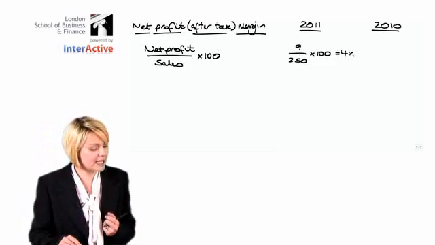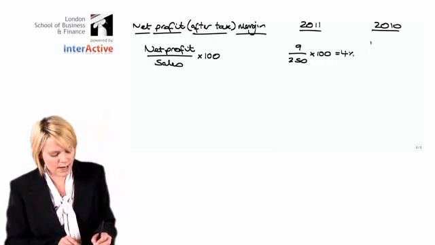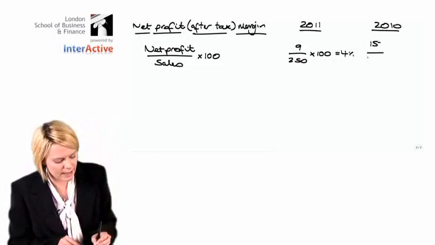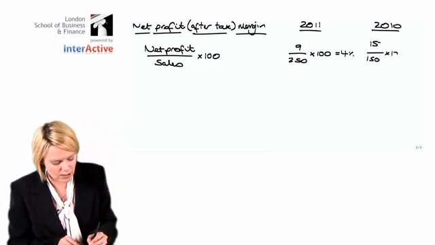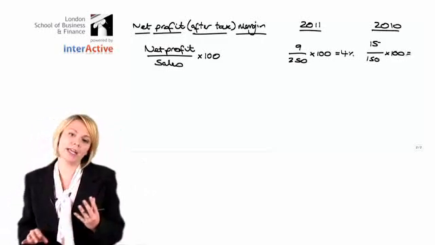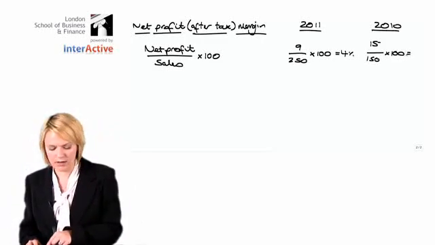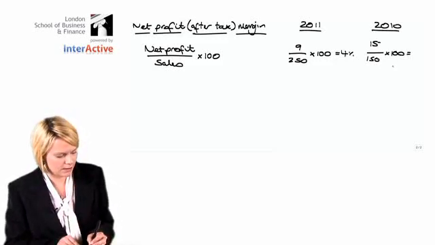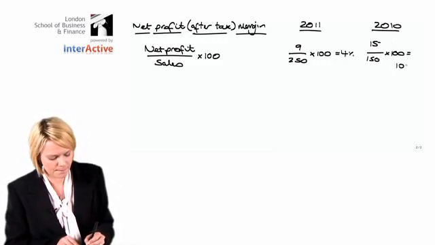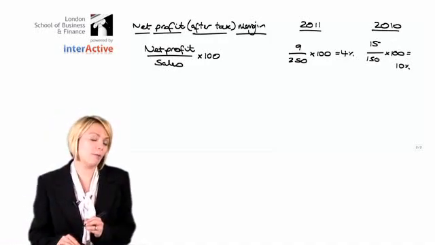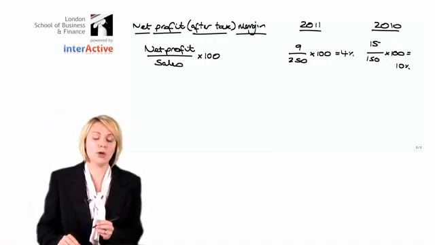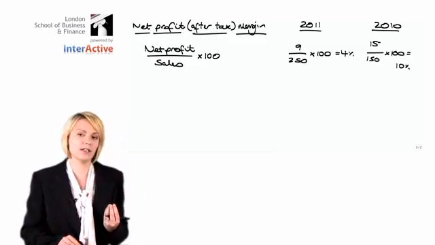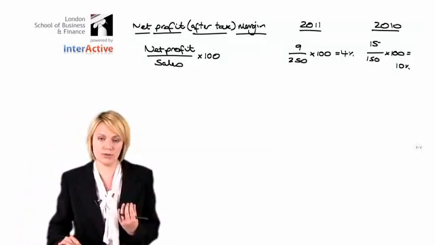And then for 2010, our net profit was higher. It was at 15. I'm going to take that over 150 and times it by 100 to get our net profit margin for 2010. And that would be 10%. Now that's a sharp fall, isn't it? Your bottom line profit has decreased by 6% as a percentage of sales.